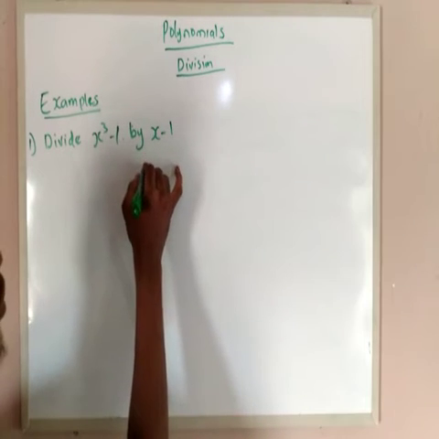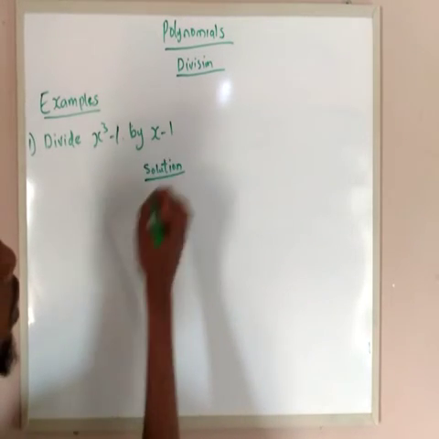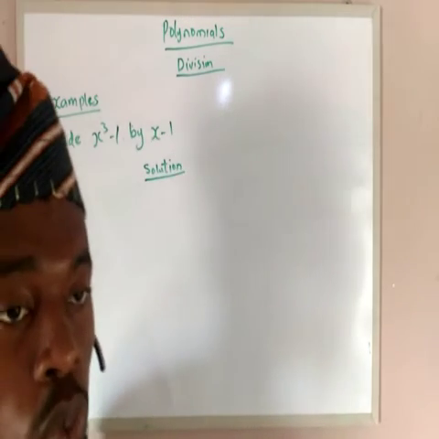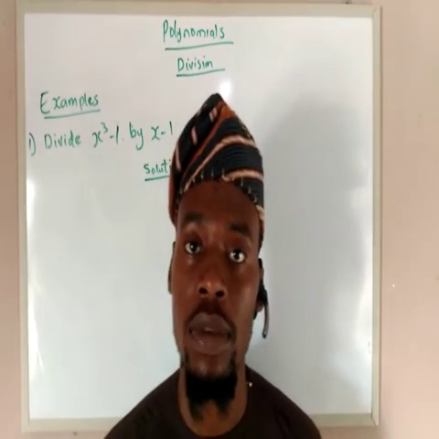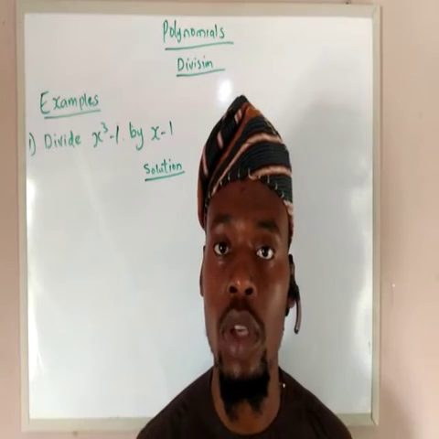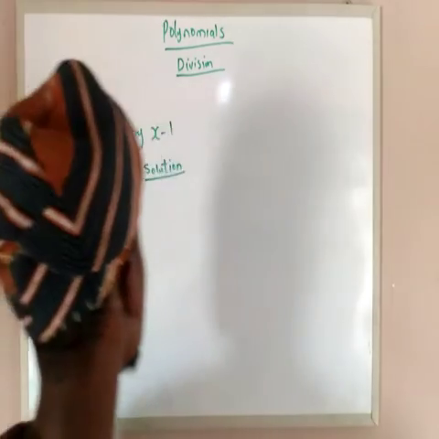And here is the solution. In polynomials, when we want to divide, we make use of the long division method. So here it is.